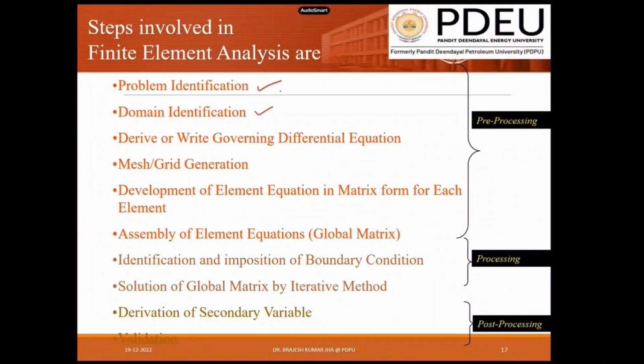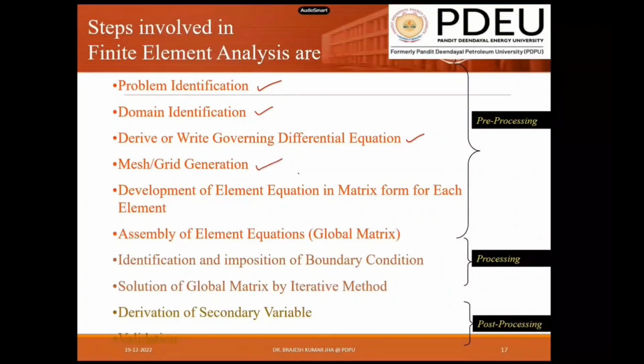After identifying the problem and domain, we go for the differential equation which represents the physical process in the particular domain. Then we start discretizing that domain. That is base grid generation, or discretization in other words. We discretize the whole domain into a number of elements.